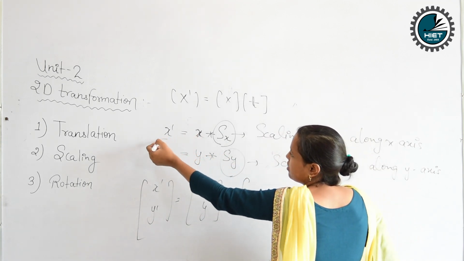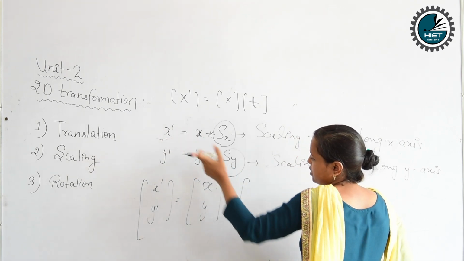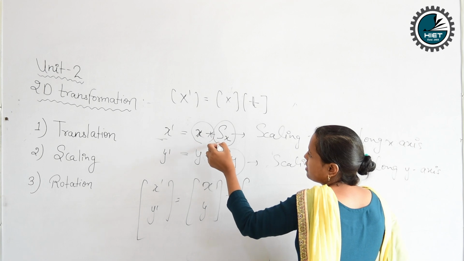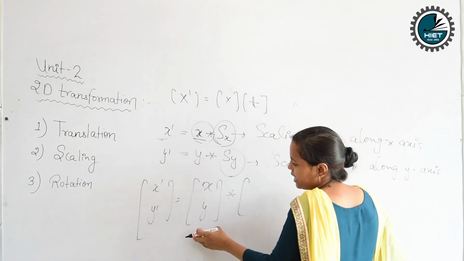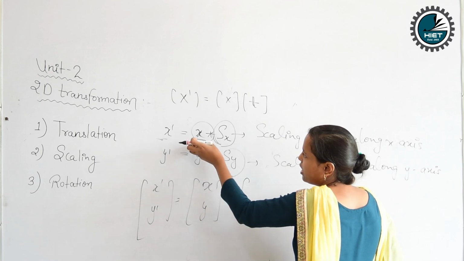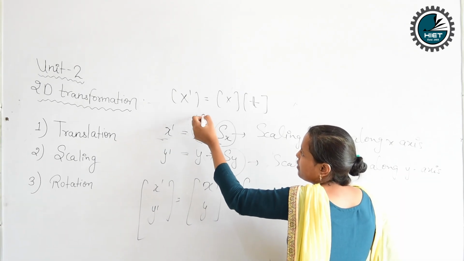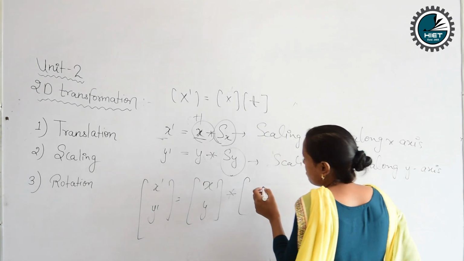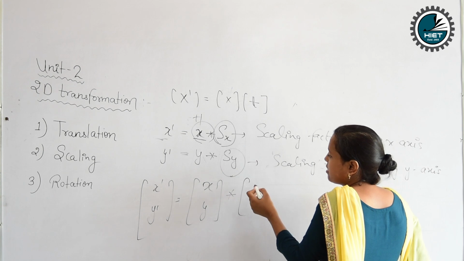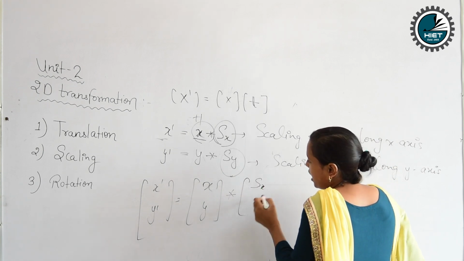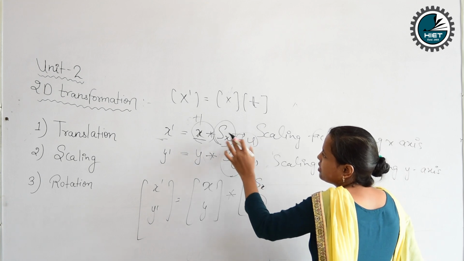Looking at the x dash equation, x dash has the factor Sx, because we already have the old object matrix, so we assume a positive value, plus 1. So 1 multiplied by Sx is the scaling factor along the x-axis, and the y coefficient will be 0 because there is no y in that equation.